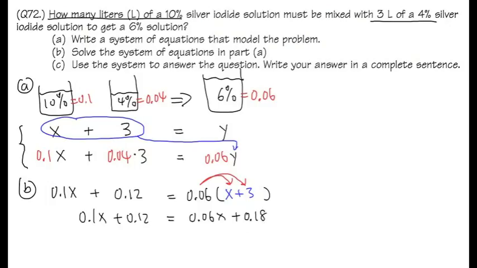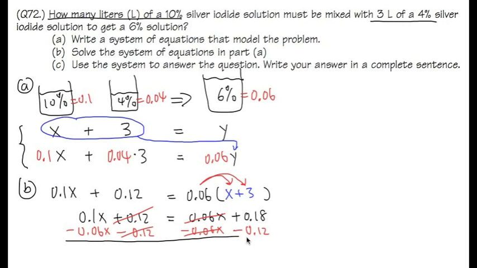And I just need to put all the x on one side, all the numbers onto the other side. To do that, I will minus 0.06x on both sides. So that way, this will cancel, and then we'll put down minus 0.06x right here as well. And in the meantime, I will minus 0.12. That way, this will cancel, and then we'll put down minus 0.12 under this number on the right hand side.